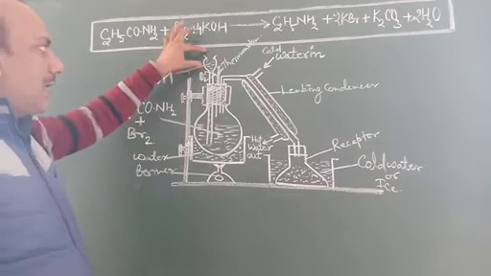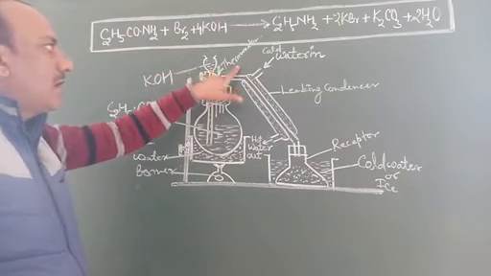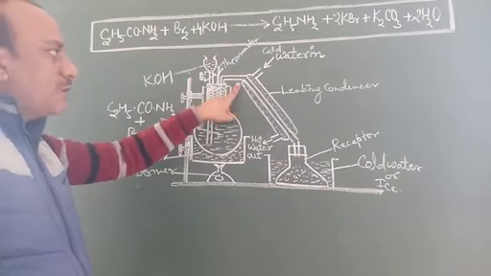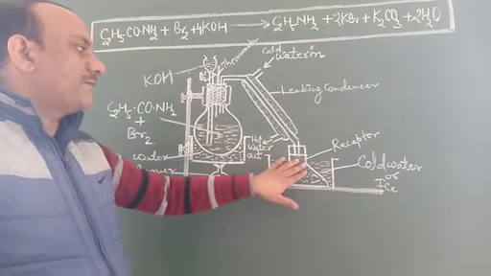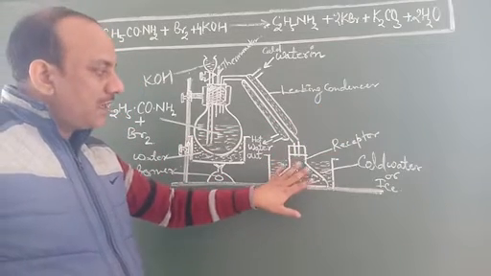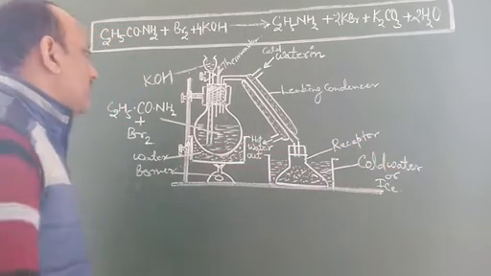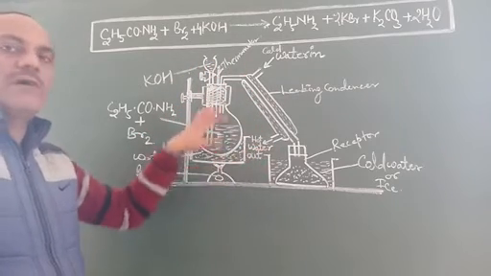And in the neck region we fix the thistle funnel, thermometer and conjugation tube. This conjugation tube is connected with the Liebig condenser and receptor. This receptor provides the cool atmosphere and completes the setup of this equipment.